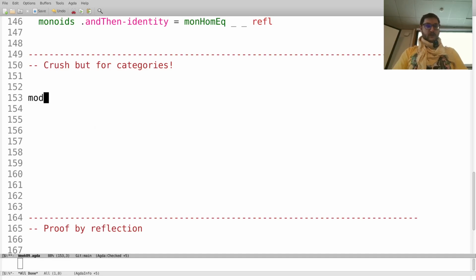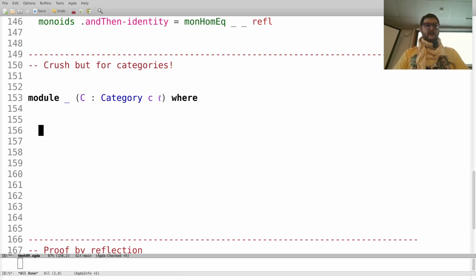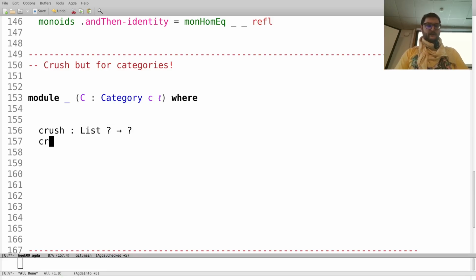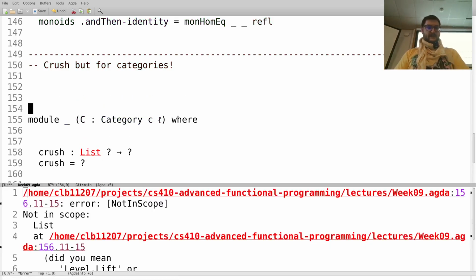So we're going to start with a category, C. If I have a category, now I want to write something like this, a list of something into something. And I don't have lists, so let's import lists.